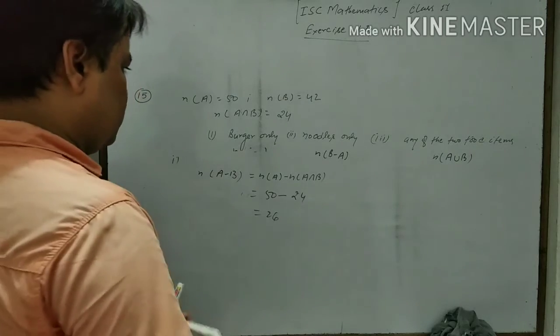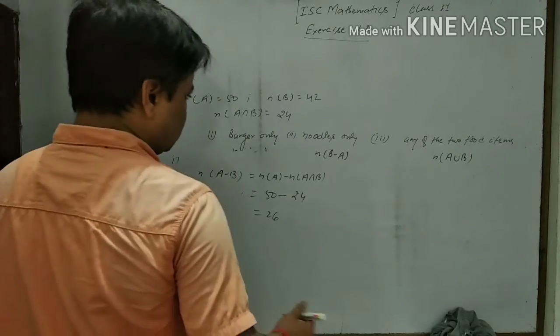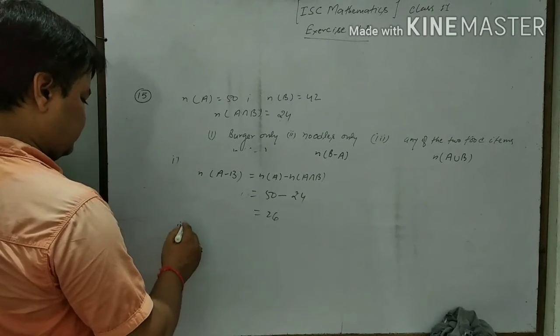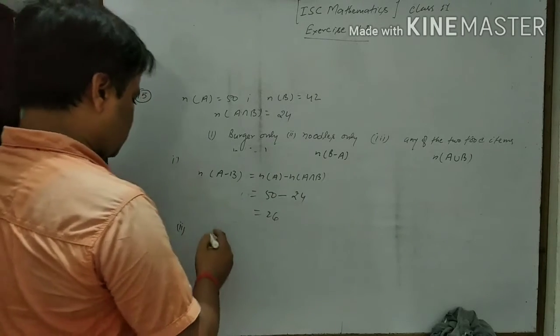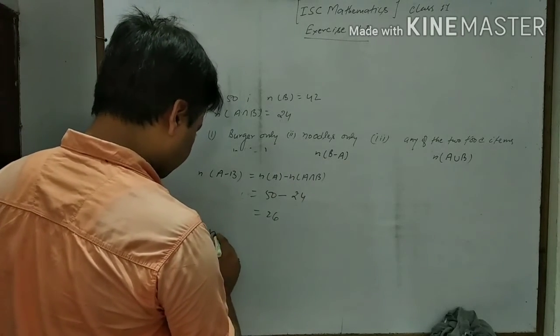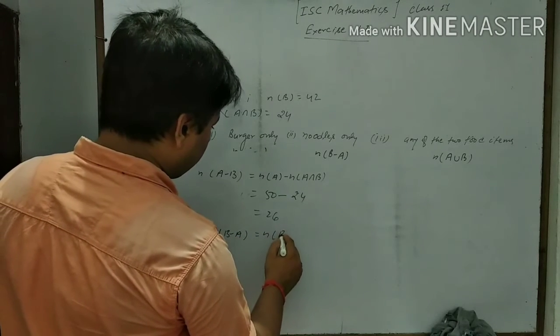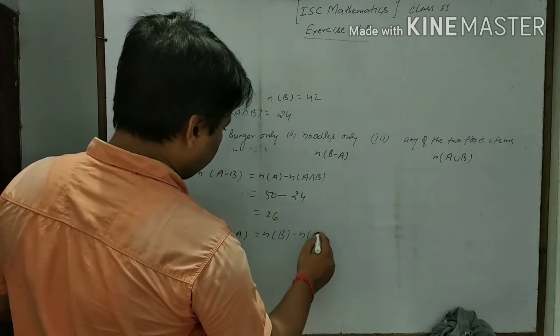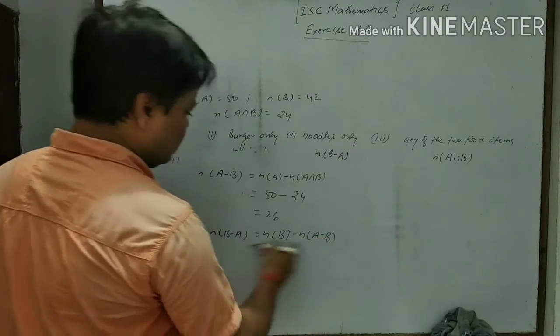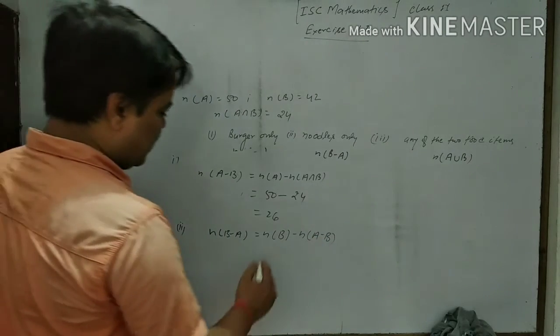Okay, similarly the second part, that is noodles only, cardinal number of B minus A, which is cardinal number of B minus cardinal number of A intersection B according to the formula.